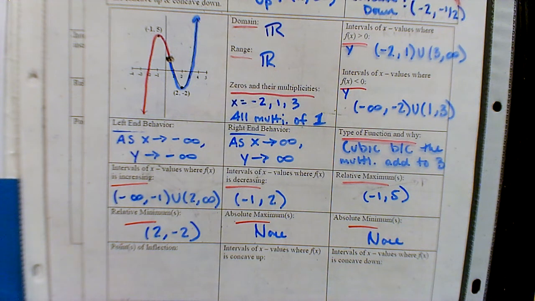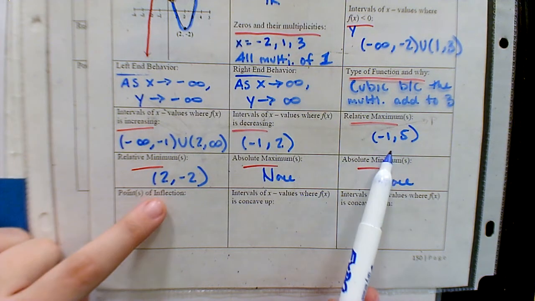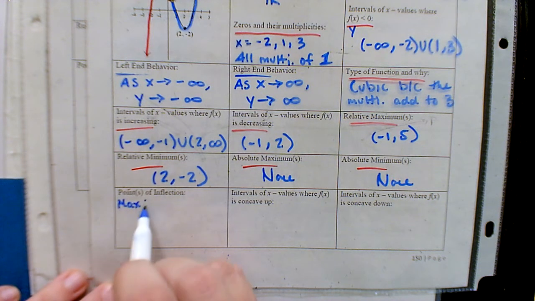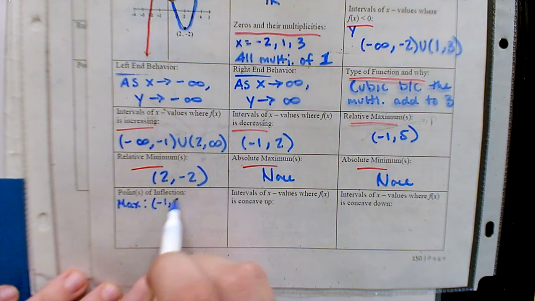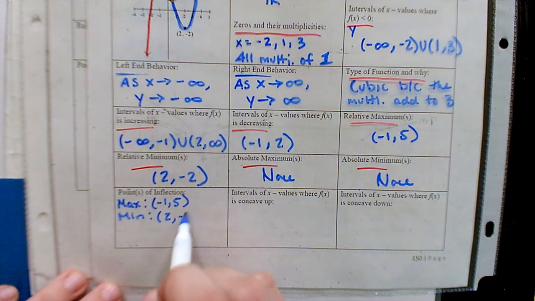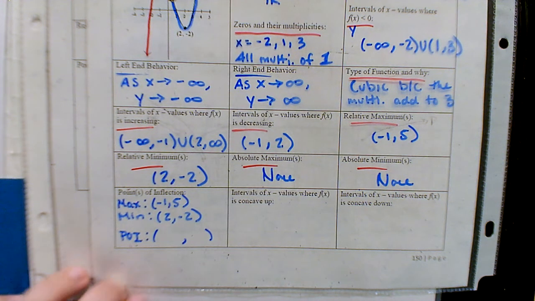Yeah. It's in the middle of a max and a min. All right, and we already know what the max and min are because they're listed on the graph, but we also identified them in our little table. So we said the max was -1, 5. The min was 2, -2. Let's go ahead and figure out the point of inflection. What's in the middle of those?